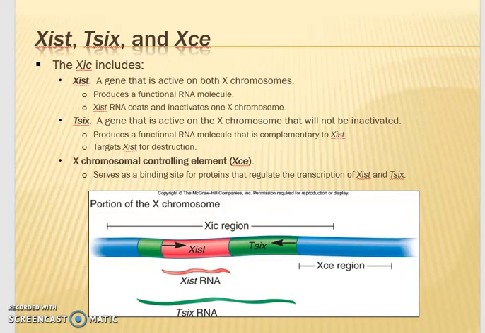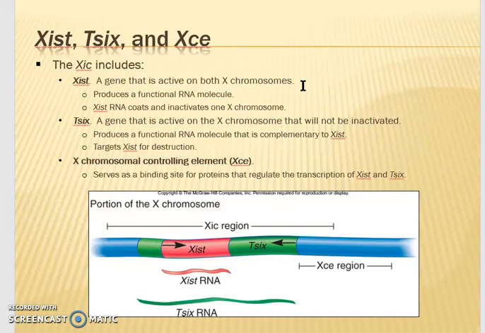Now we're adding in XIST, TSIX and XCE, which are involved with this XIC. XIST is active on both X chromosomes, and it coats and inactivates one of the X's. So it's pretty important. You need it in order to inactivate the X chromosomes.